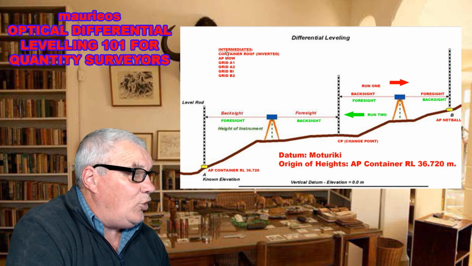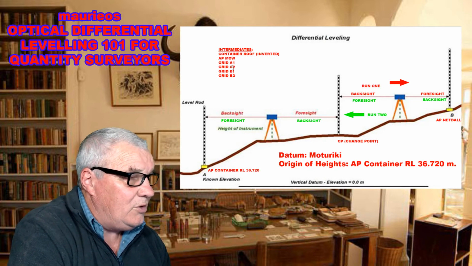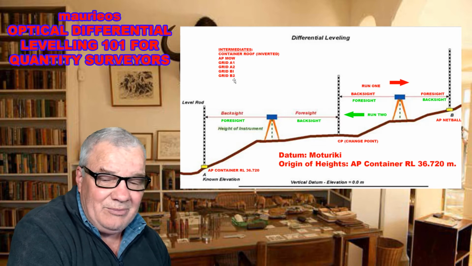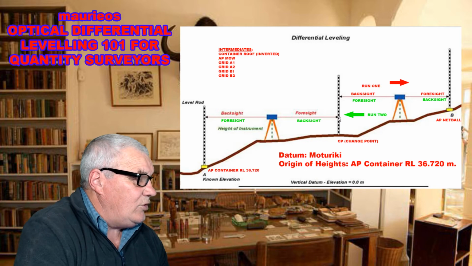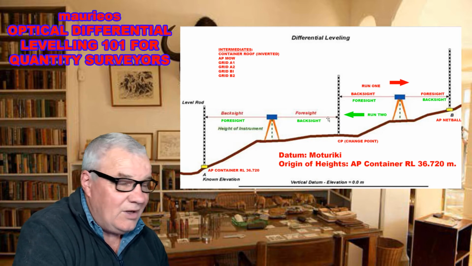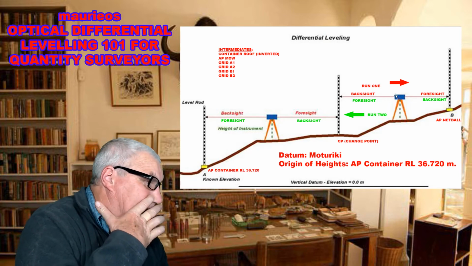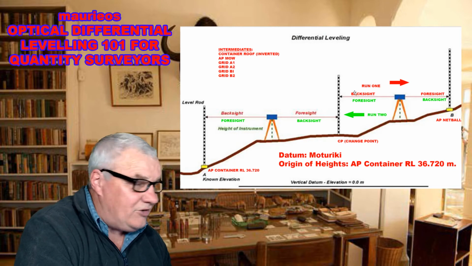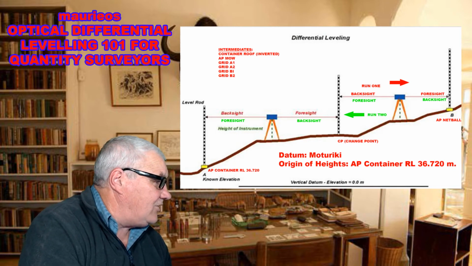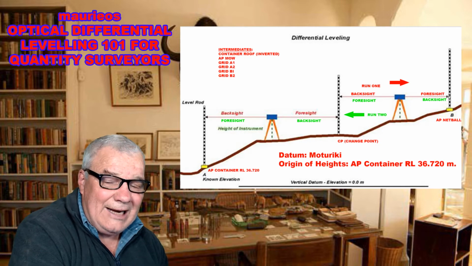And then we'll go through these intermediates: container roof, AP Mo, grid A1, A2, B1, B2. And then we'll do our foresight to CP, the change point. We'll then move the instrument and do a second setup, and we'll do a backsight to CP change point and a foresight to AP netball. And that's the first run.